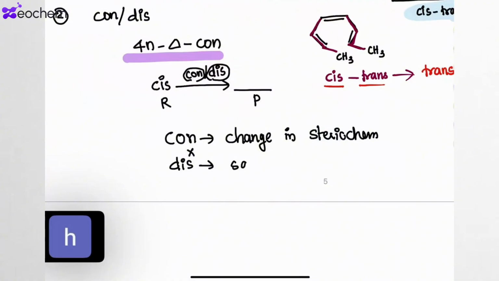That means same stereochemistry, or no change. To remember this, you just remember con and think in your mind whatever is happening in con will be opposite to whatever is happening in dis. Instead of memorizing this, you take this C for change. C for change. So con means change. So C, con means change in stereochemistry.